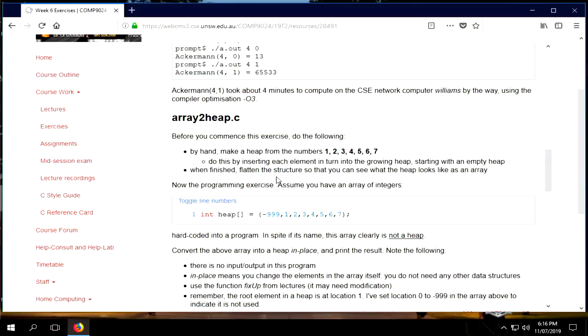Well, yes and no. It's got that and it hasn't, because initially it's empty. Then you put 1 in: you read the first number, 1.